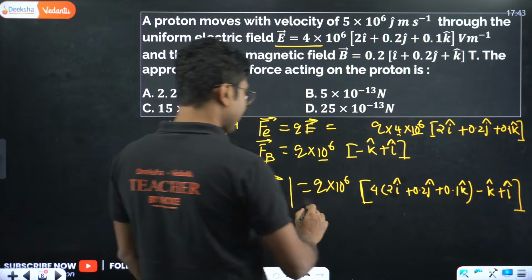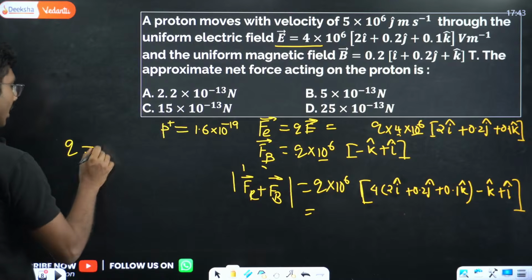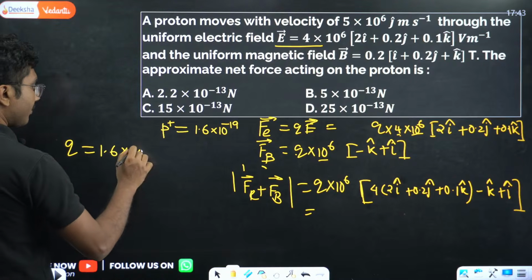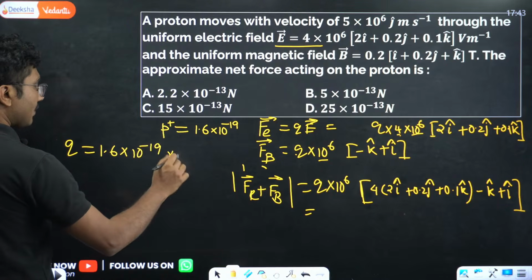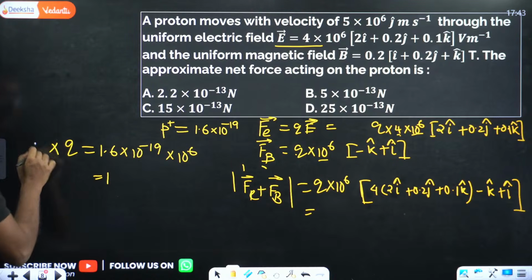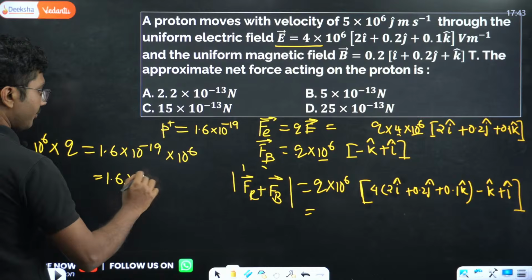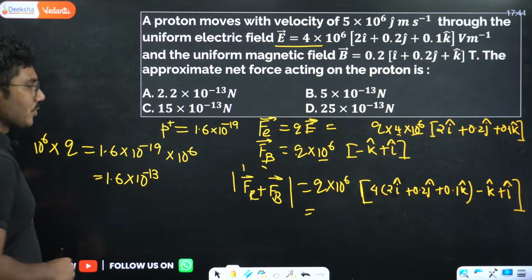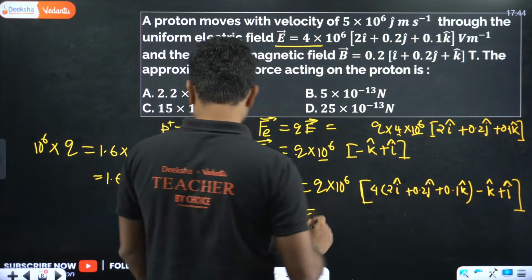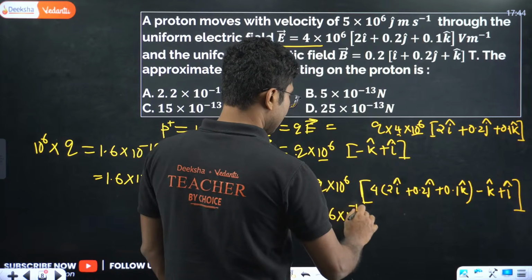Now you simplify this, q into 10 to the power of 6. q is 1.6 into 10 to the power of minus 19, and if you multiply with 10 to the power 6, you get 1.6 into 10 to the power of minus 13.